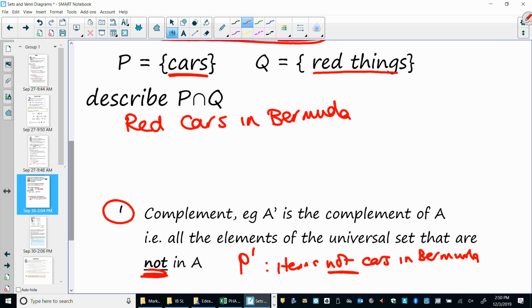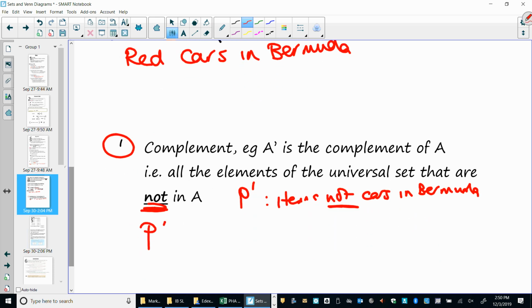What if it says P dash intersect Q? Then you say things that are not cars but are red, in Bermuda. That's like a whole essay, but that's a very good question that's come up when you're asked to describe.